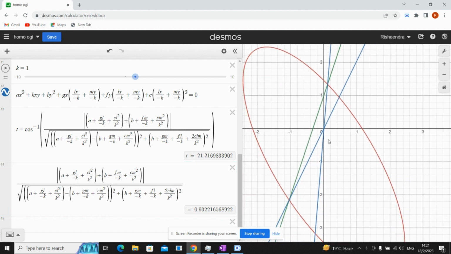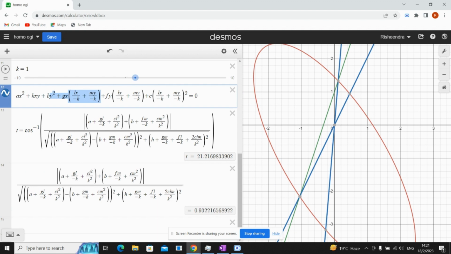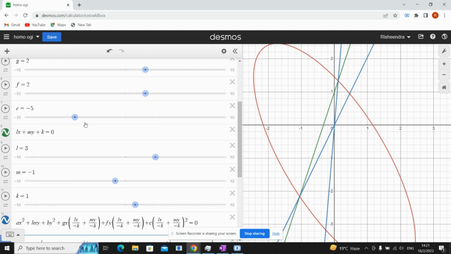Look at here, 21 degrees, the angle between. Okay, cool, right? The computation here seems a little bit complex, but try doing it on paper. It will get a lot clearer than just looking at it.